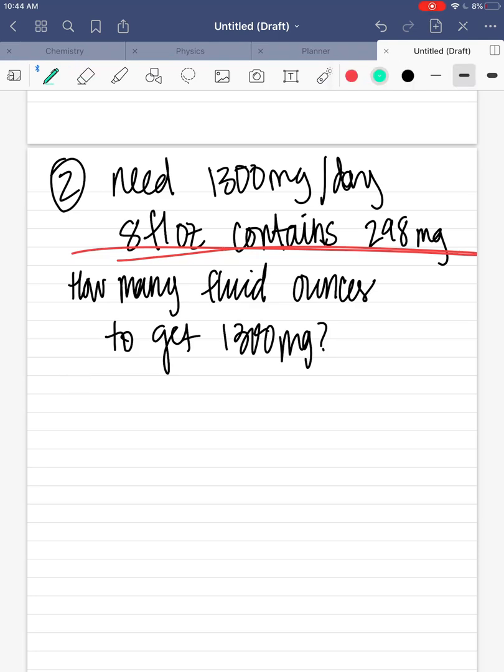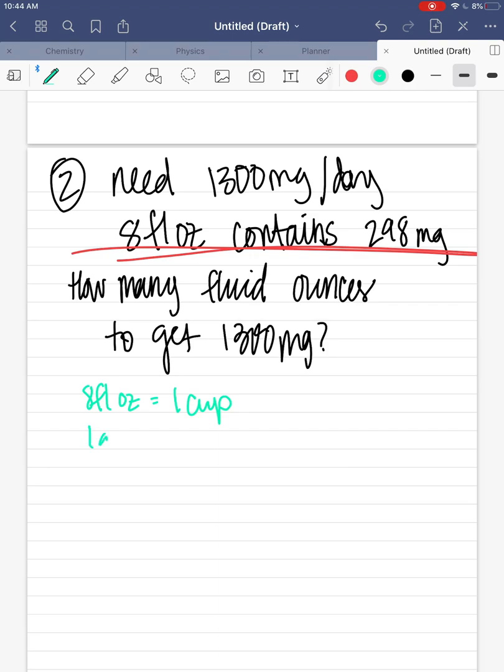I just know this: 8 fluid ounces is equal to 1 cup. He keeps using cups on all of these questions. Cups is not mentioned in this question, but it's just another one to know.